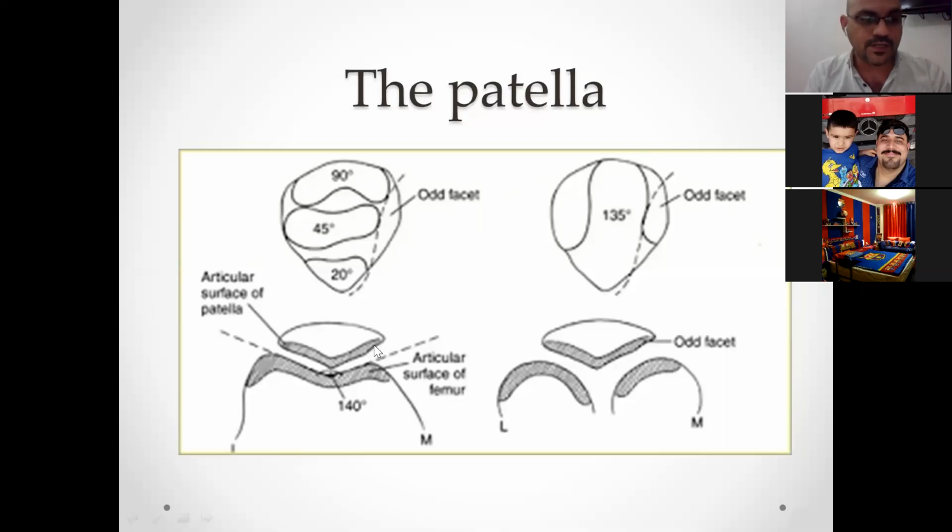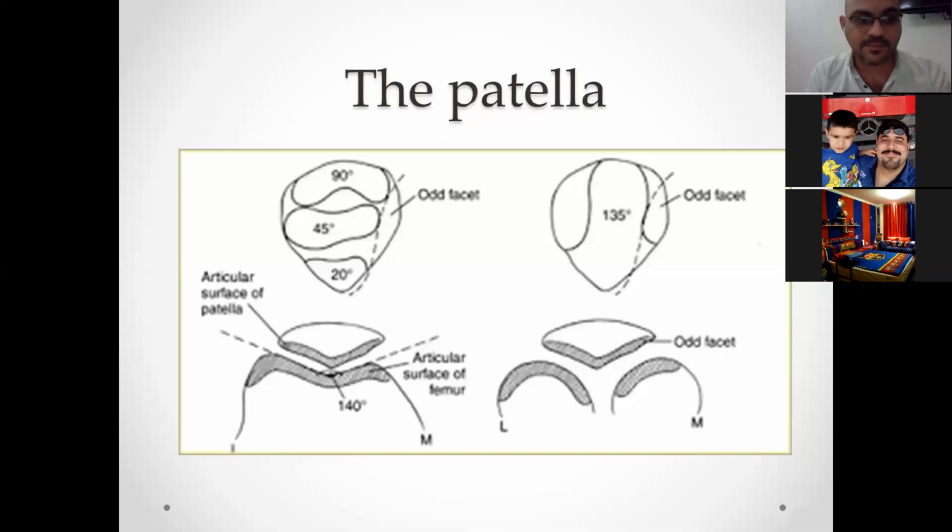When we view the relationship of the femur and the patella, this relationship represents both normal and pathologic knees, as in osteoarthritis. And this must be taken into account when positioning these components in total knee arthroplasty.